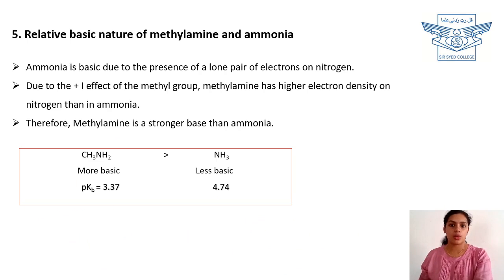And here we can stop the discussion regarding inductive effect with this example, that is the basic nature of methylamine and ammonia. We know ammonia is NH3. How does it become basic? It's pyramidal in shape, as we know. How does NH3 become basic? It has a lone pair of electrons, right?